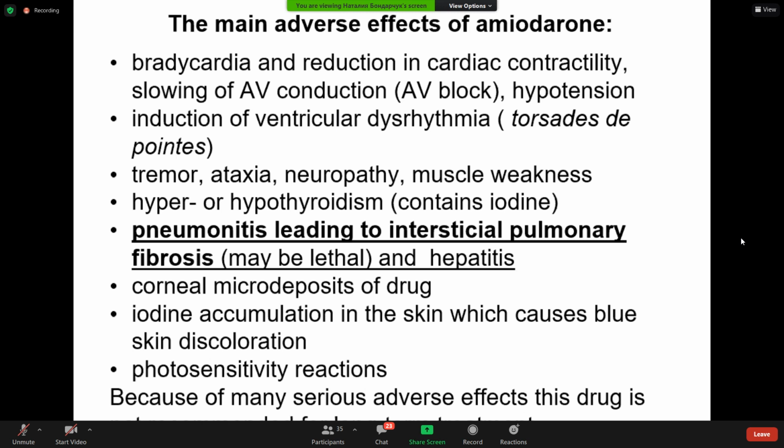It can be blue or blue together with gray color. Photosensitivity reactions. Because of many serious adverse effects, this drug is not recommended for long-term treatment. But according to its wide range of antiarrhythmic action, this drug is a very effective antiarrhythmic drug.